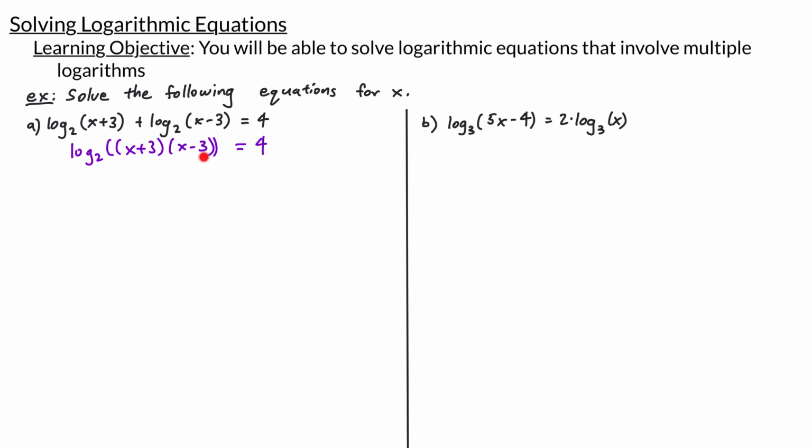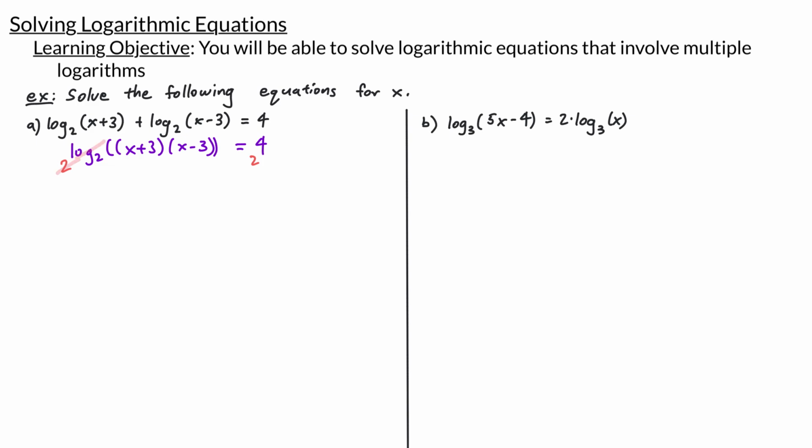Now, if we think about the order in which we perform the operations on the left-hand side, we would first do the x plus 3, we would then do the x minus 3, we would multiply those two quantities together, and then lastly, we would take the logarithm with base 2. Since the logarithm is the last operation being performed on the left-hand side, now if we exponentiate both sides with base 2, that will cancel out the logarithm.